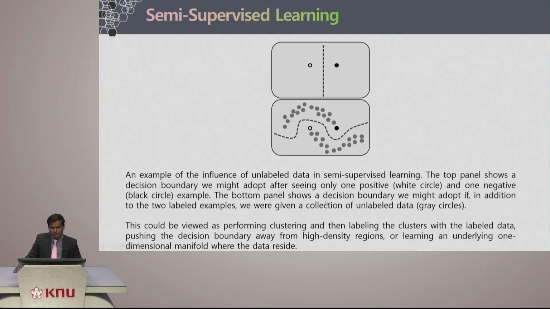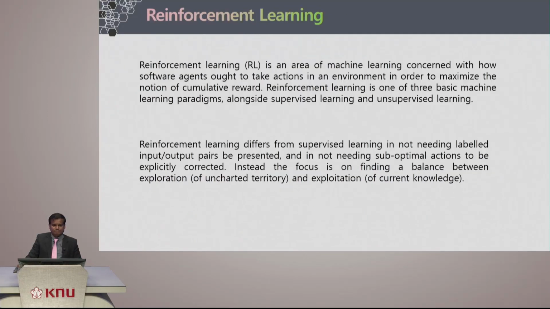The bottom panel shows the decision boundary we might adopt if unlabeled examples are added to the collection. You can see the gray circles as the unlabeled data. This could be viewed as a clustering method, and we classify the black and white accordingly, and then you have certain unlabeled data which needs an underlying process of training.